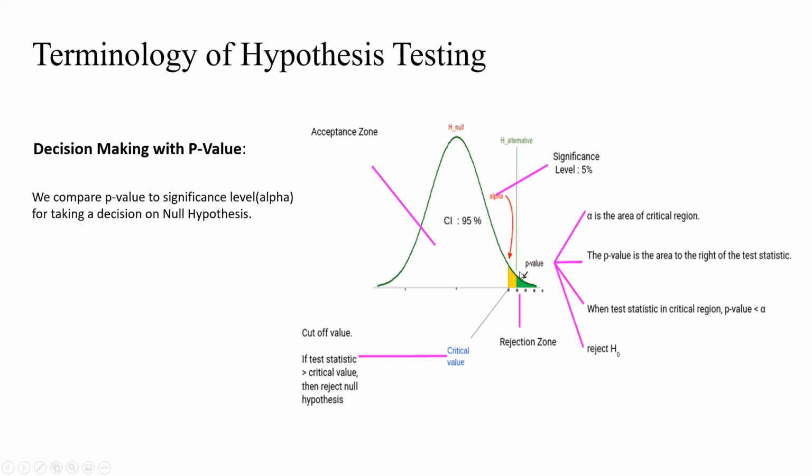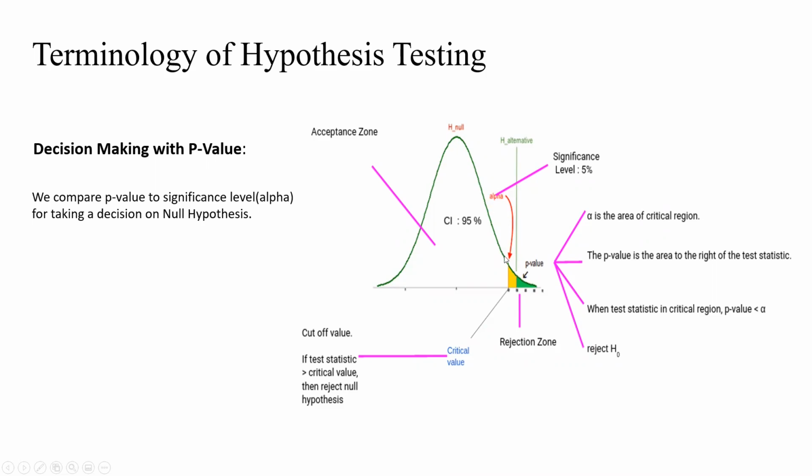Now you will calculate your p-value, and this particular shaded region in green is what your p-value is telling us. What does it mean? My p-value, based on my sample, is falling in my rejection region. That means my p-value is less than my alpha.